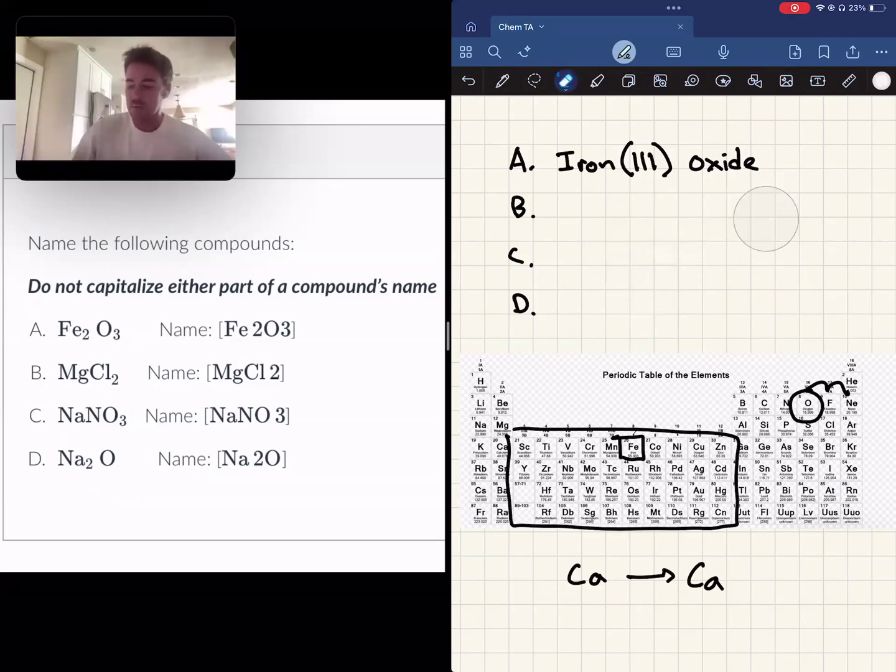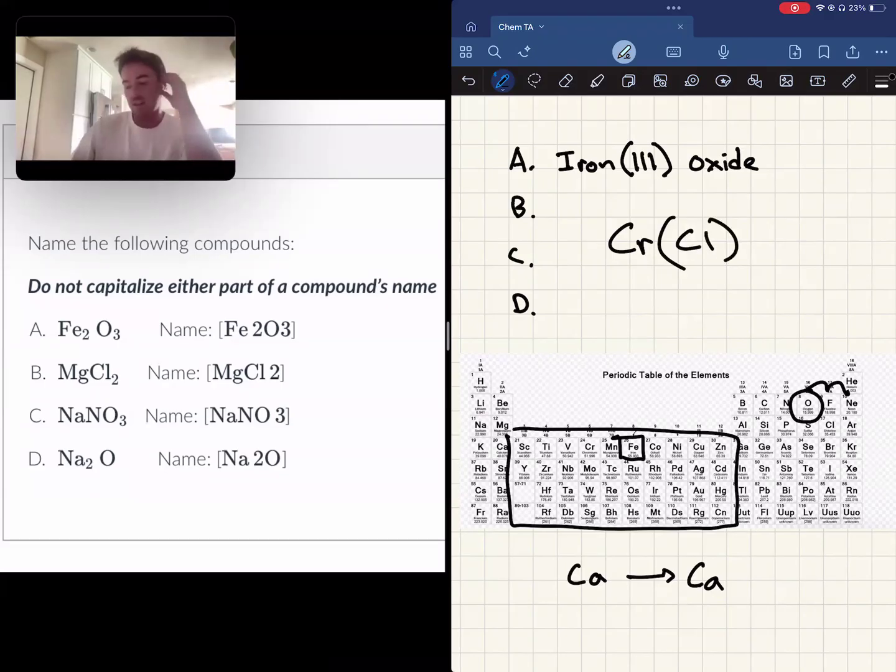Cool. Let's say it showed you chromium and then Cl. Well, Cl would give you a -1 charge because when it's ionized, it has -1. So then chromium, to balance it out, is going to have a +1 charge.